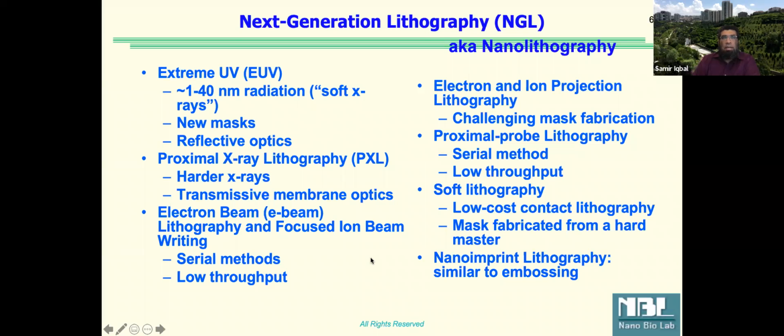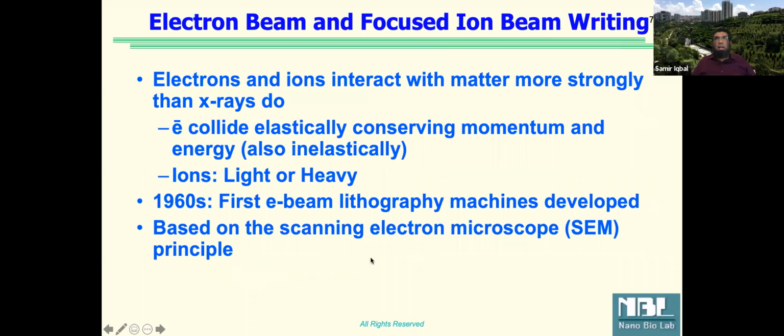All right, so electrons interact with matter more strongly than X-rays. And essentially when an electron strikes matter, 2-3 reactions happen. The electron strikes, and because of the law of conservation of momentum and the law of conservation of energy, it's going to give its energy to other electrons, to other particles.